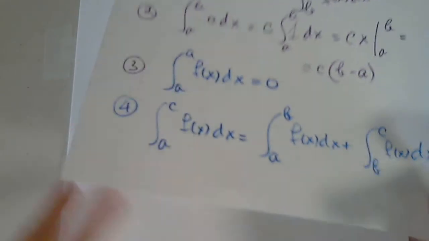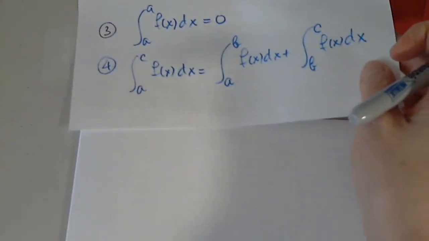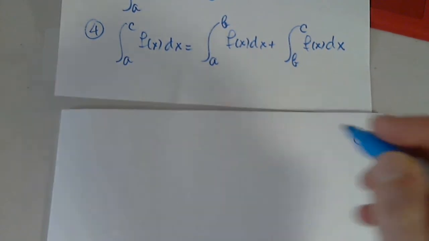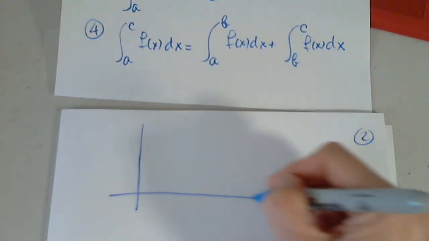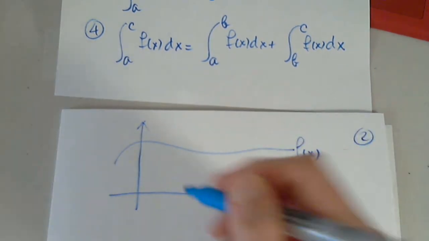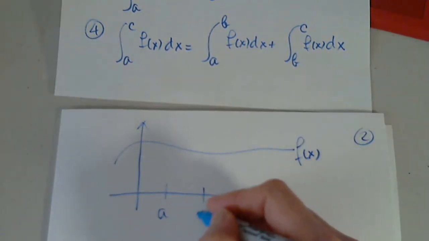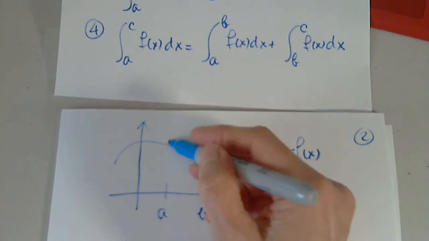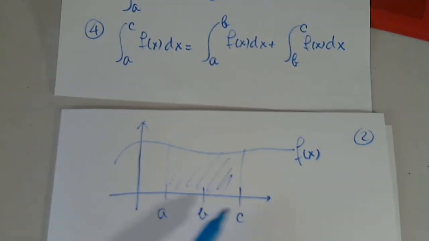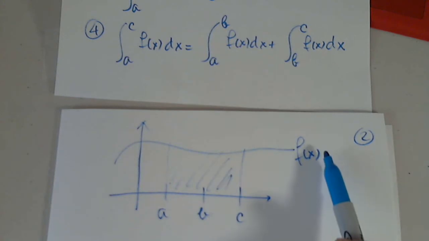Let's take a look at a little graph to see what it means. Imagine that we want to determine the area under this graph. I have here A, here B, and here C. Obviously this is the area in question, the integral from A to C of f of x dx.